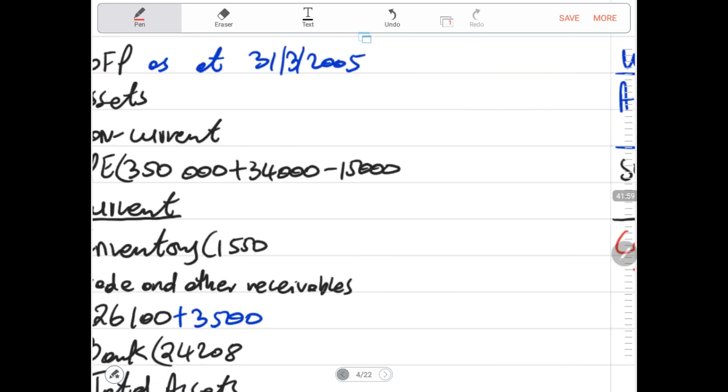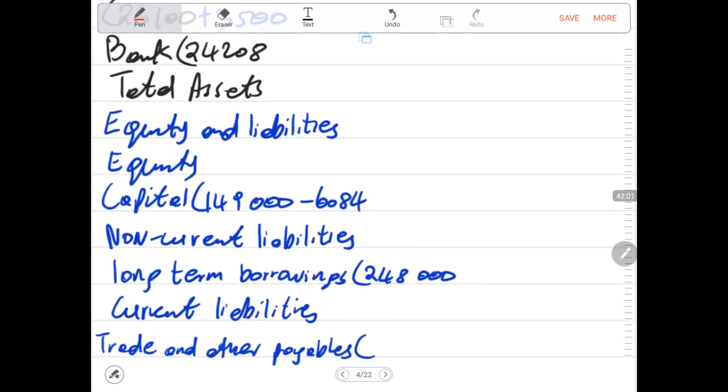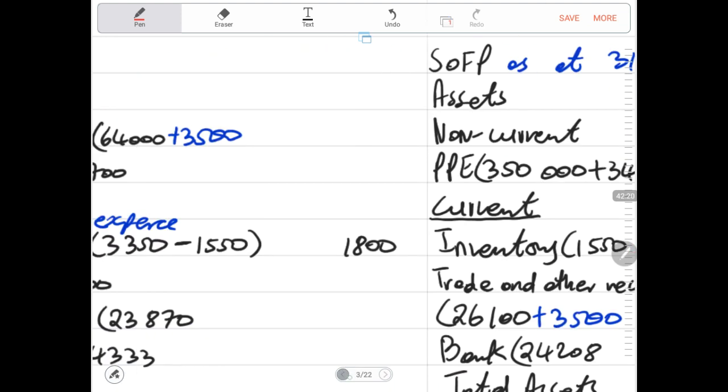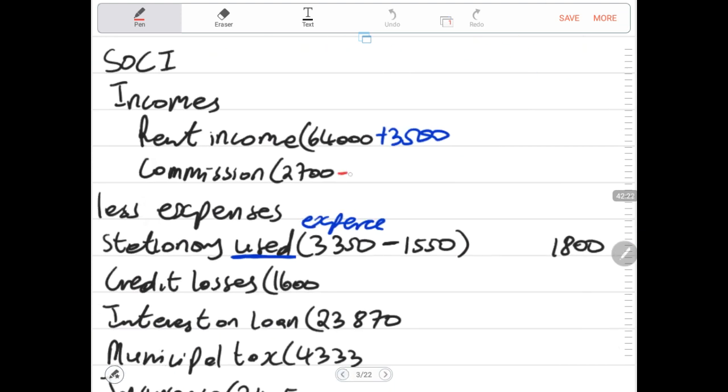We record them in the statement of financial position under trade and other payables. This will be recorded as 750, income received in advance. The debit side is an income recorded in the statement of profit or loss. So that is where this gets to be recorded, and this will be decreasing our commission income.